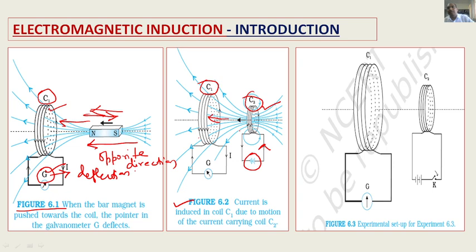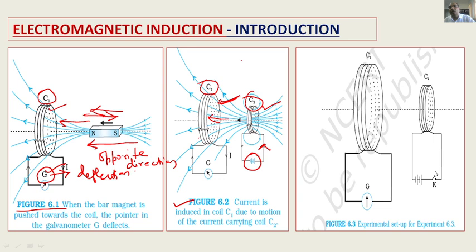In this process, there is a change in magnetic flux, and the galvanometer shows deflection.